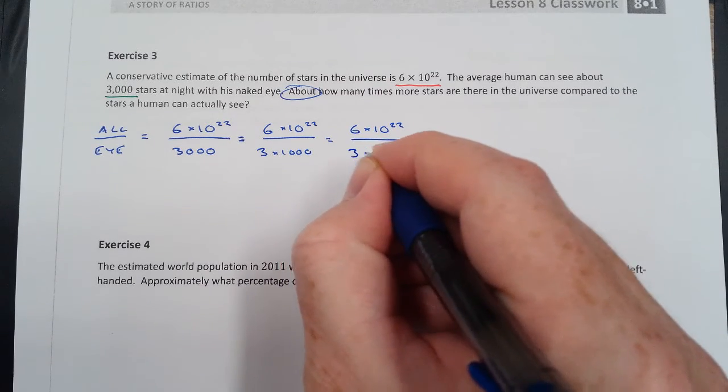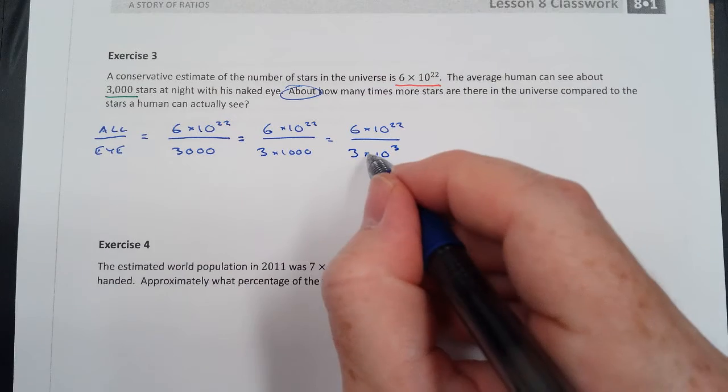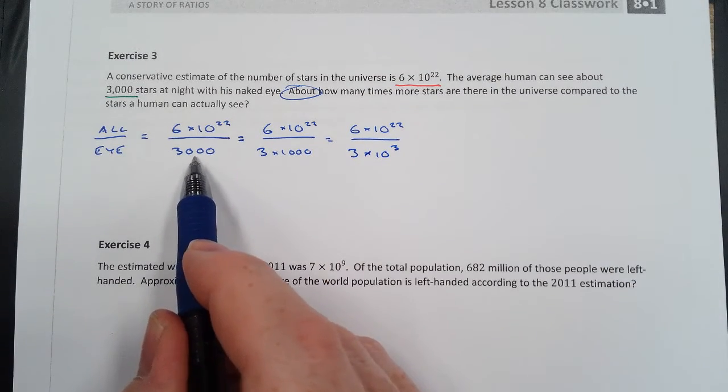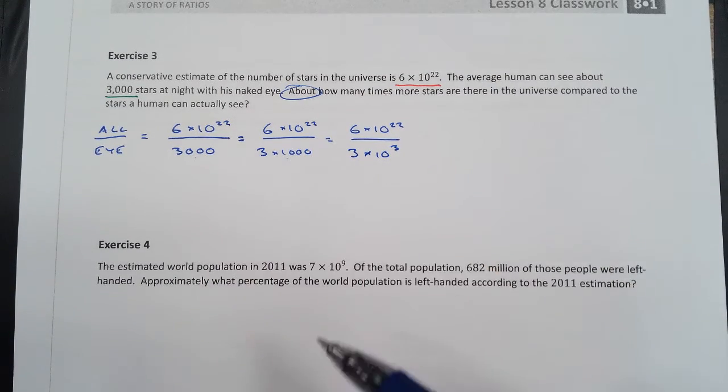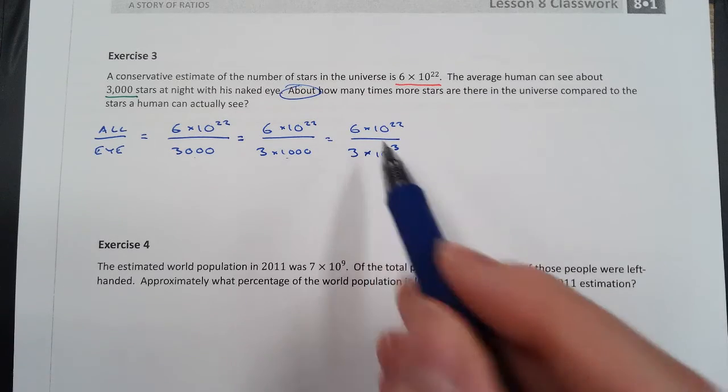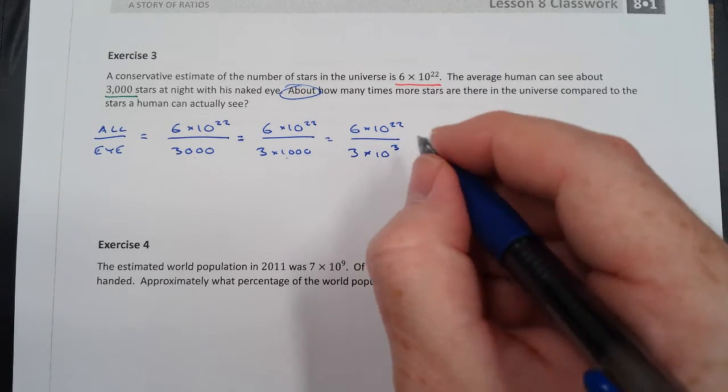And 1,000 is 10 to the third. So 3,000 is 3 times 10 to the 3rd. Why did I write it like that? Because now the math is easier.